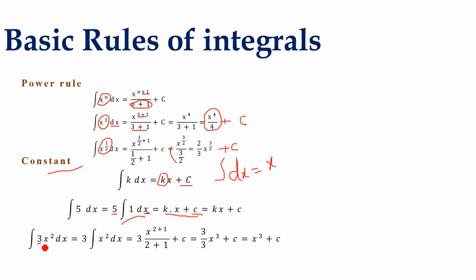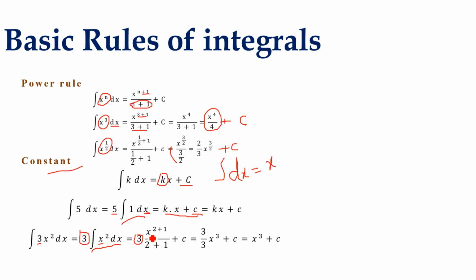Again here this 3 is a constant, so we write it outside this integral term, and we take the integral of x squared. Now we apply the power rule, and according to the power rule, the integral of x squared dx is equal to x power 2 plus 1 divided by 2 plus 1, and this 3 is the constant we wrote outside the integral term.